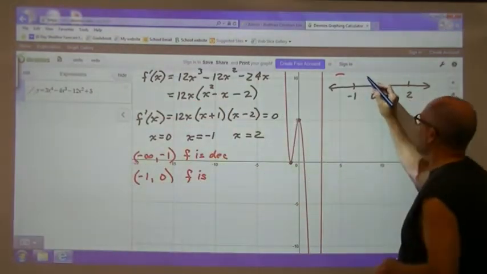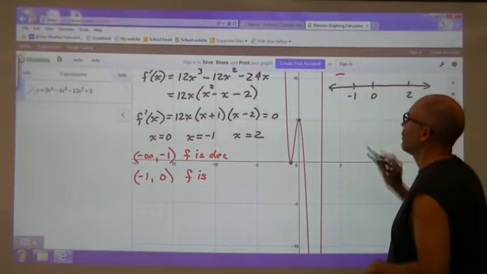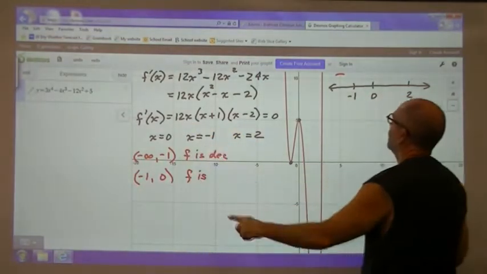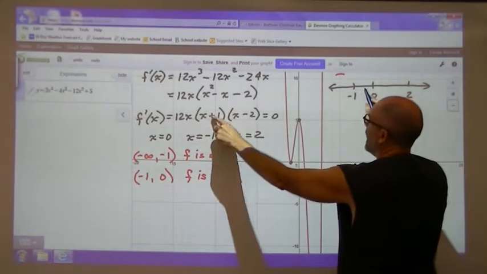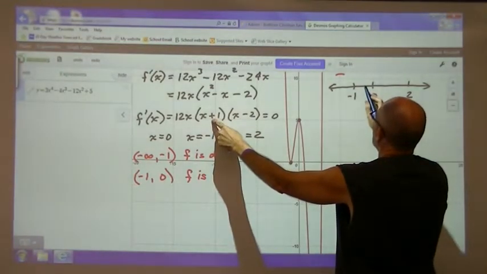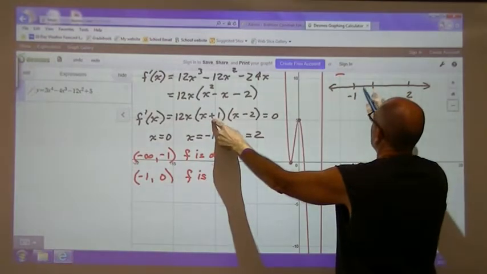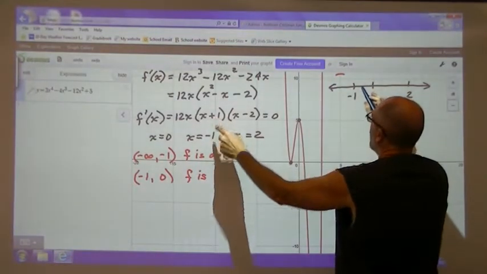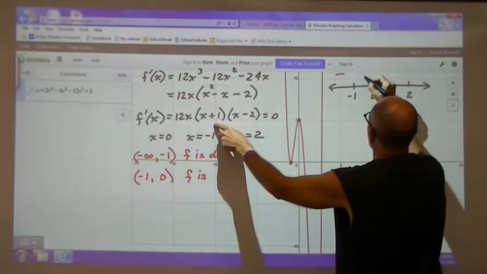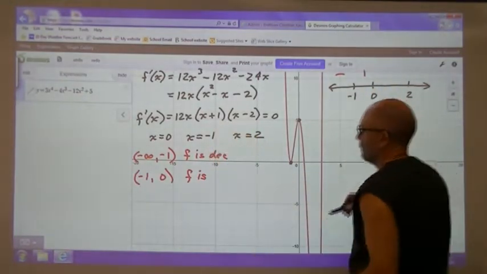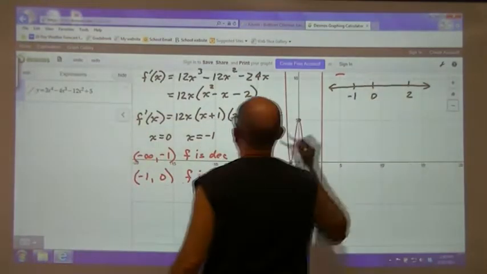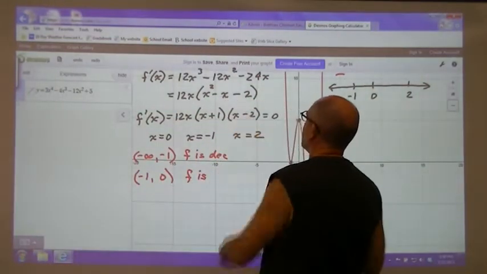We want to check a number that's in between negative 1 and 0. That number would make 12x negative, and it would make x plus 1 positive. Notice if my number is more positive than negative 1, when I add 1 to that, it becomes positive. And then x minus 2 would be negative.